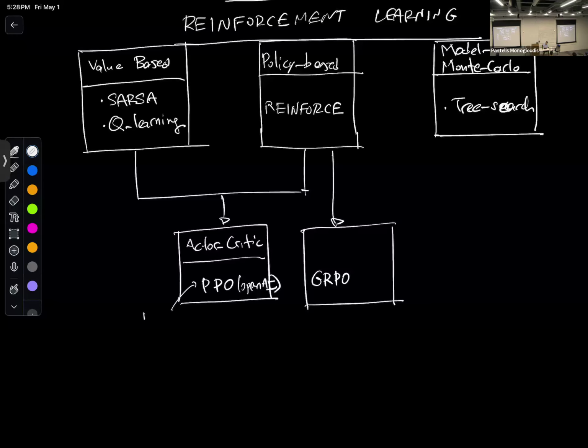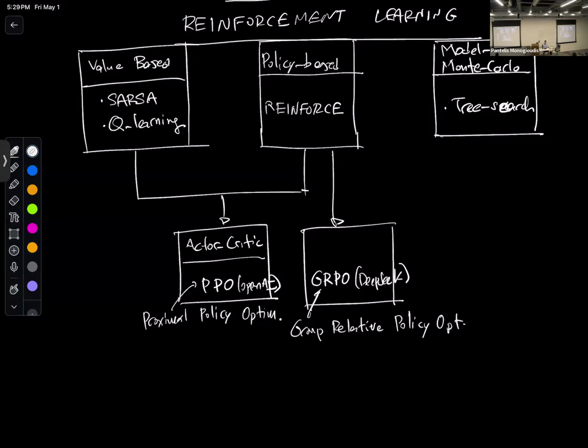PPO stands for proximal policy optimization, and GRPO stands for group relative policy optimization. This one was put in the news mostly by DeepSeek, but it pre-existed earlier.